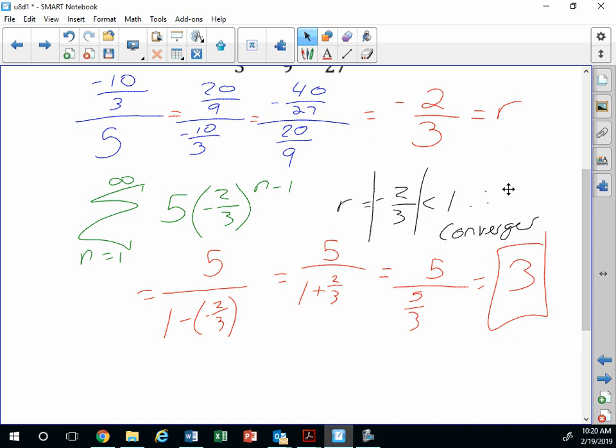Did you get 3 for your answer? What's the limit of this series or this function? Good, right? Because if I guarantee convergence, then I know what the limit is.